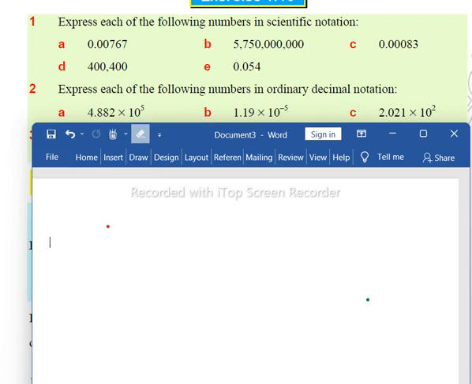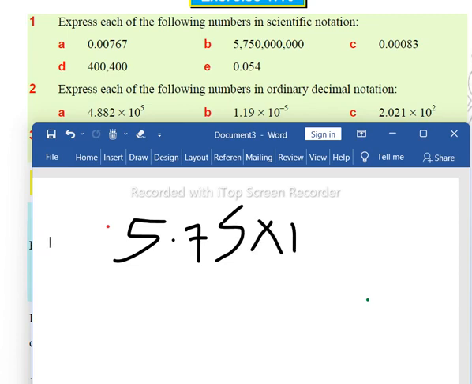So we write the number as 5 point. Here we have 75. We take only the numbers, times 10 to the power of, simply count from here. 5 point, 1 2 3 4 5 6 7 8 9.